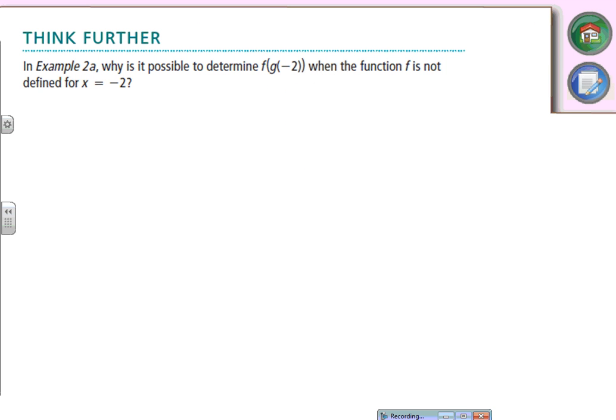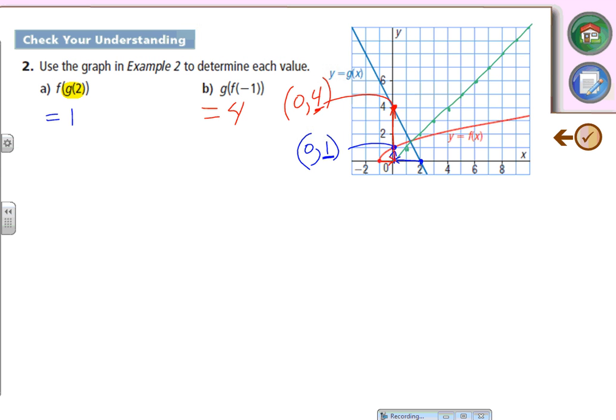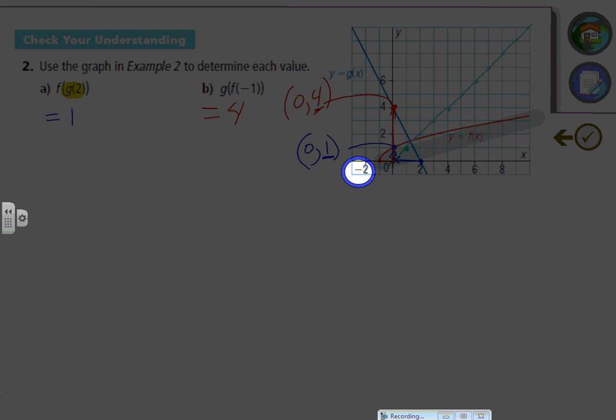Again, making the connections, thinking it further for yourself. Looking at that example, we know that the function f is not defined at -2, because if you look at where it's sitting, -2 is beyond where it's defined.